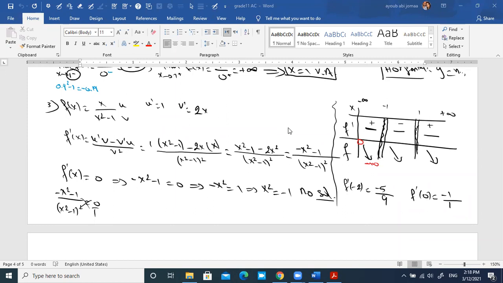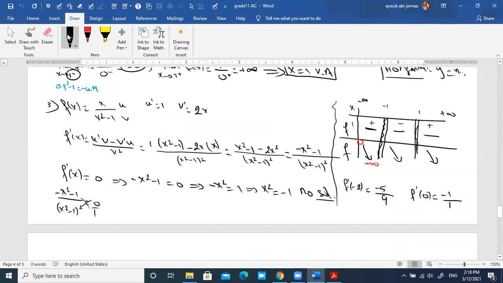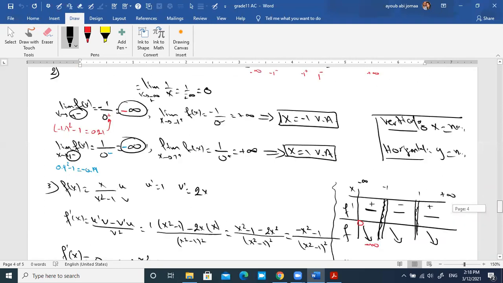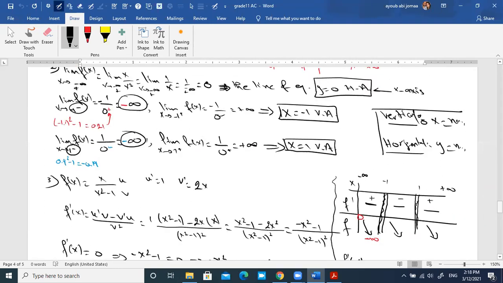Now, to continue in this exercise, table of variations, we drew the table and we have now to put the values. So increasing from 0 to negative infinity. But for the second one, limit as x approaches negative 1 plus, it was positive infinity.